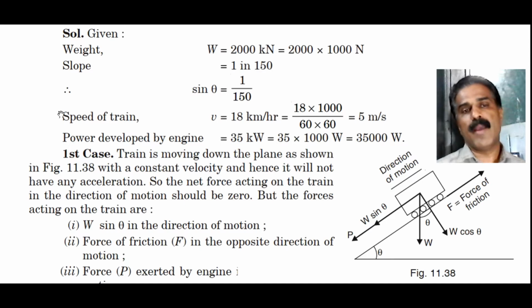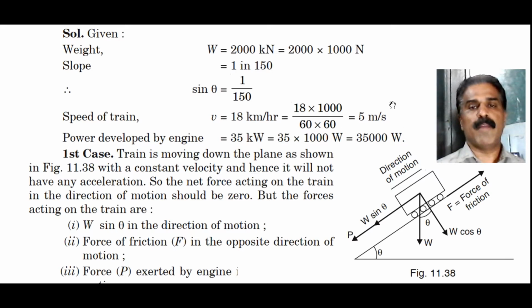Then the speed of the train is given as 18 km per hour. We need to convert this into meter per second. For that, we multiply by 1000 by 60 into 60. The kilometer is converted into meter, and the hour is converted into seconds, that is 60 minutes into 60 seconds.